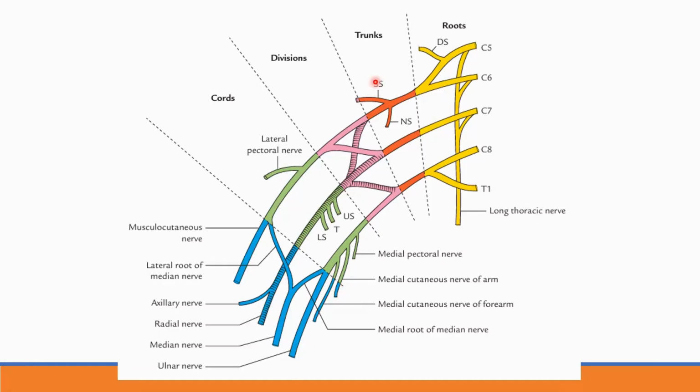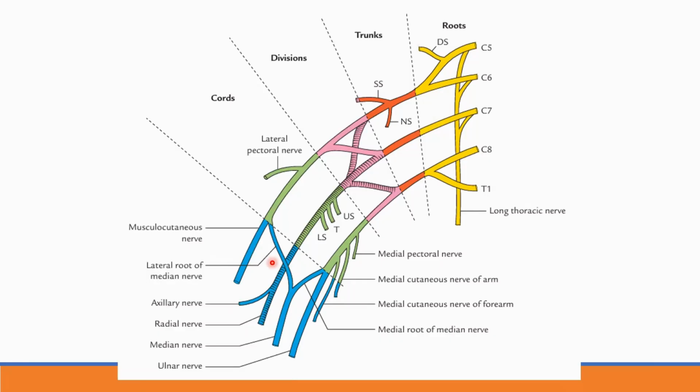So these are the branches from roots, trunk and cords. Finally, we have the other nerves. Musculocutaneous nerve from the lateral cord along with lateral root of median nerve. And from the posterior cord, you can see axillary nerve and radial nerve. And from the medial cord, we have medial root of median nerve. Next is ulnar nerve. And remaining we have already seen.